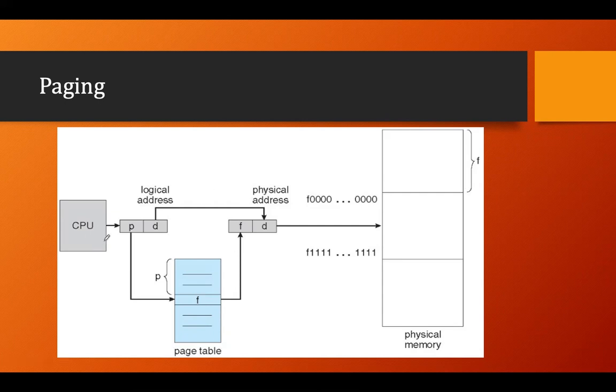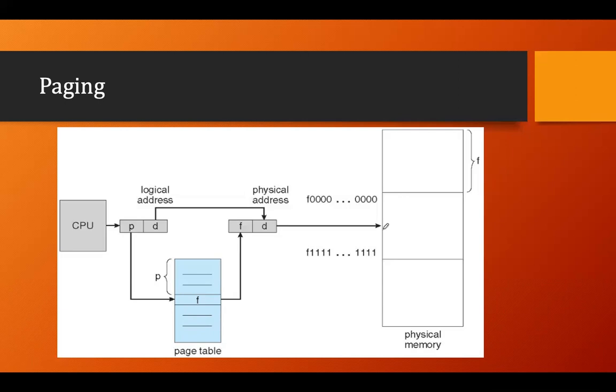Now here we have seen how we can translate the logical address to the physical address. The logical address is the address generated by the CPU for the instruction, and the physical address is the address of the physical memory where the instruction is stored.